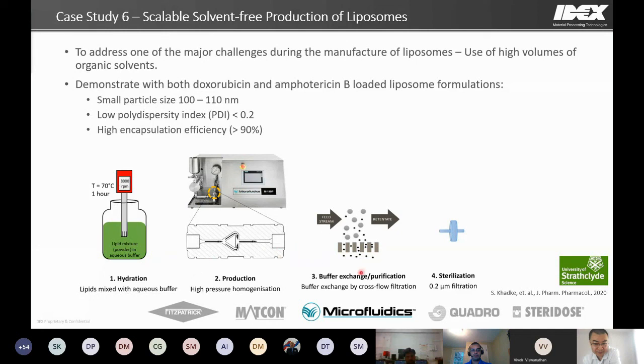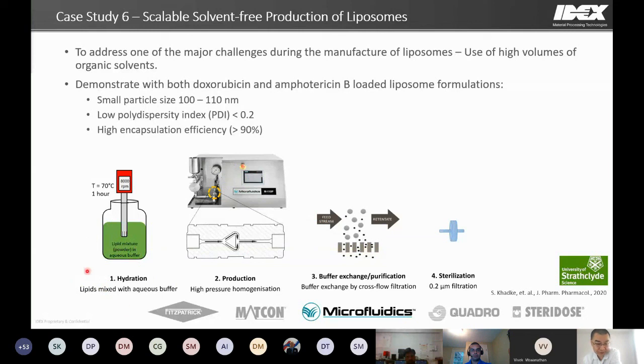So same as before, we need to use a buffer exchange step to introduce the transmembrane gradients for drug loading and remove the free drug after loading. So finally, the liposome solution will pass through sterile filters for sterilization. So the process for lipophilic active encapsulated liposomes for using this process will be very, very similar.